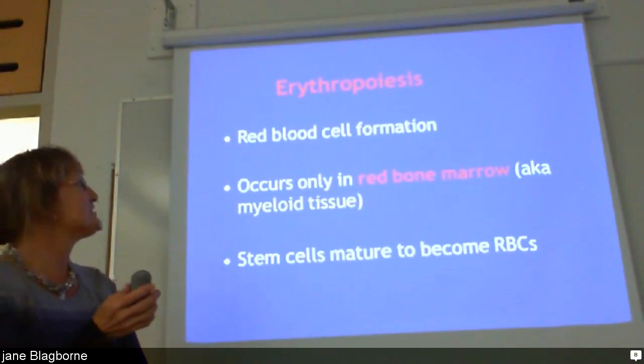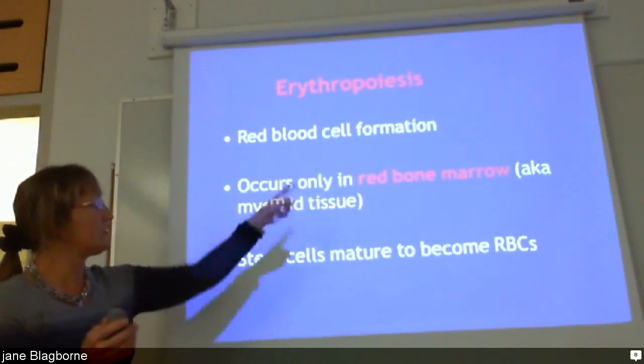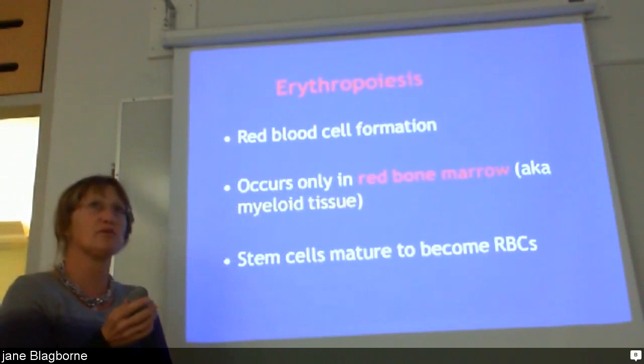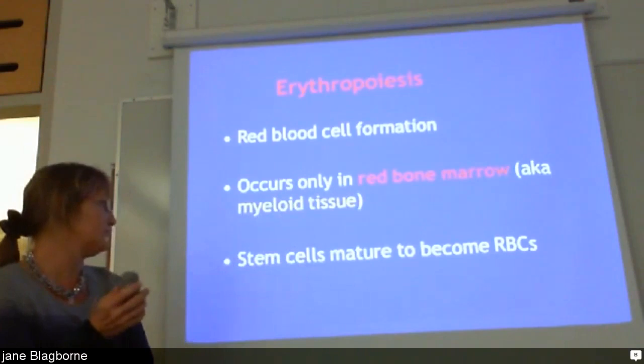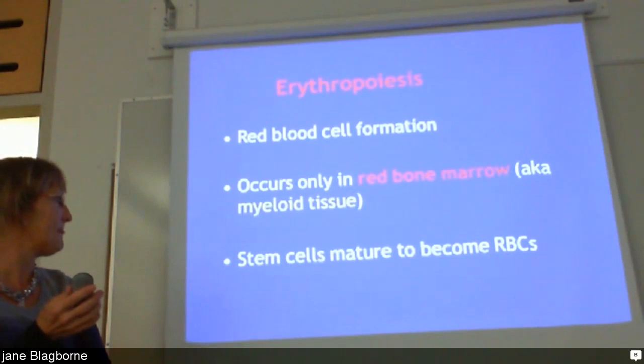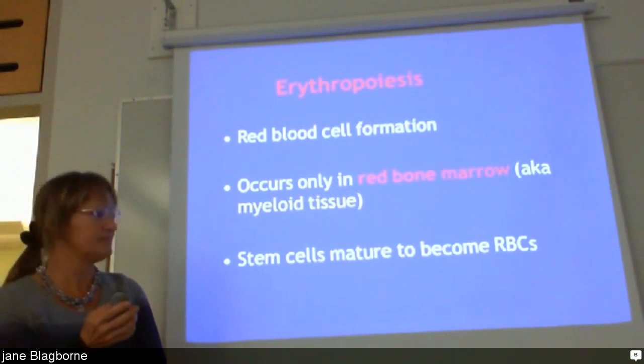Anyway, so erythropoiesis is red cell formation. It occurs in the red bone marrow, which you guys already know all about, or myeloid tissue. So stem cells mature into and become red blood cells.